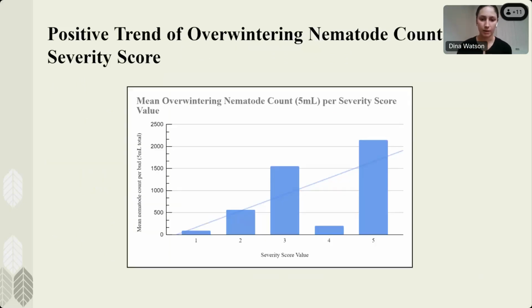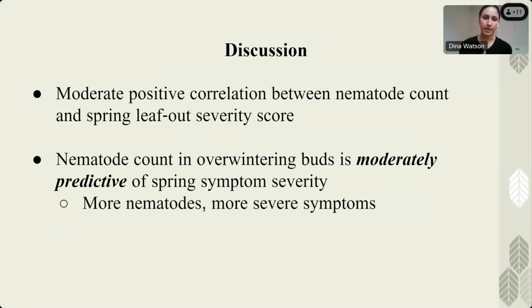And then this graph shows the mean number of nematodes per severity score. Despite this low outlier of a score number 5, I did find a positive correlation between nematode count and severity score.